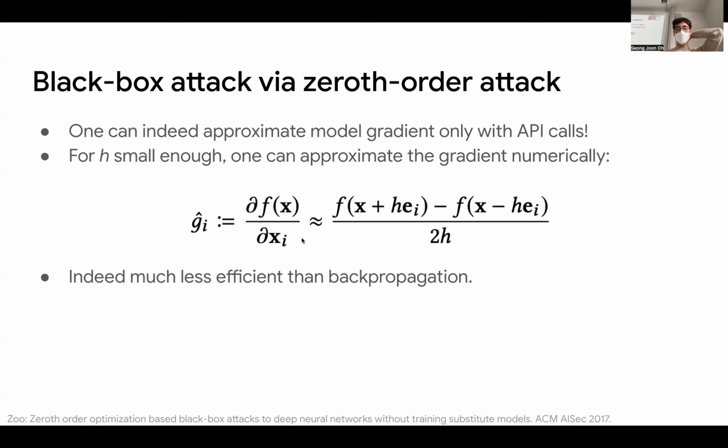So if you do 120,000 times 2 API calls, then you're going to reconstruct the numerical approximation of your gradient fully for this input. So theoretically, it's possible, but in practice, that's very costly, and no API will let you call it more than 1,000 times a day, I would say. So yeah, it takes forever to compute this.